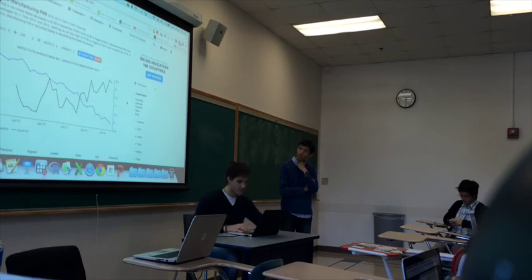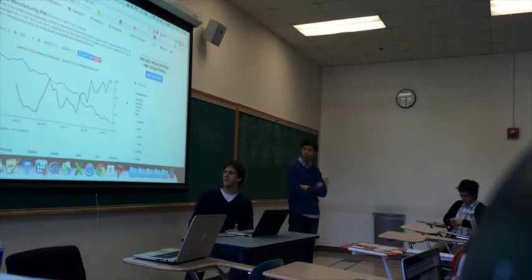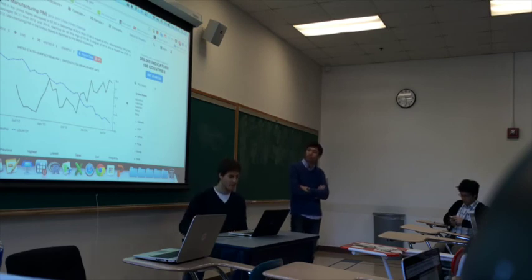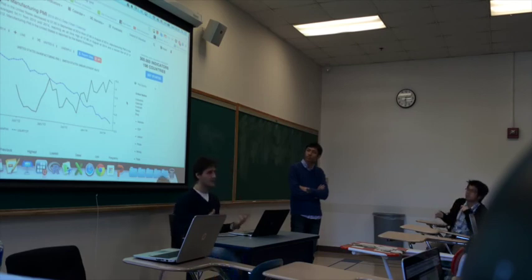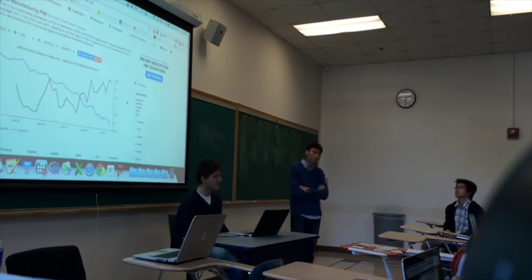So here you see, this is just the same type of graph, and they have the negative. So if the PMI is well above 50, the unemployment goes down, as you might expect, because the manufacturing sector is expanding and they're hiring more people because they need to produce more.